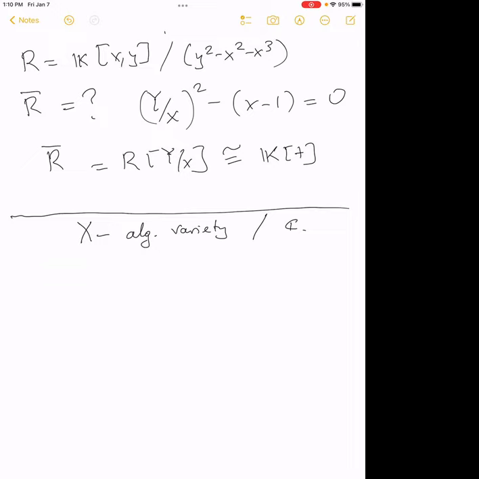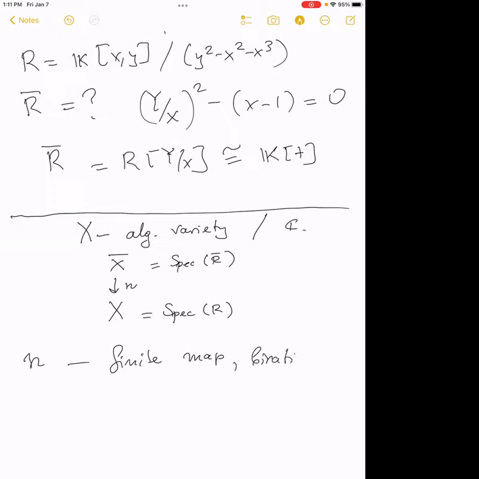What I'm going to study now is this map, the normalization, which I'll call N. Locally, this corresponds to the spectrum of a Noetherian ring, and this corresponds to the spectrum of R bar. What are the properties of N? It's a finite map, meaning the fibers are finite, and birational, so generically it's an isomorphism.